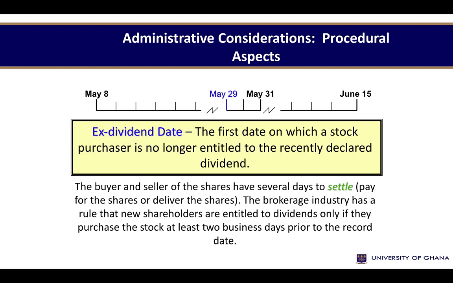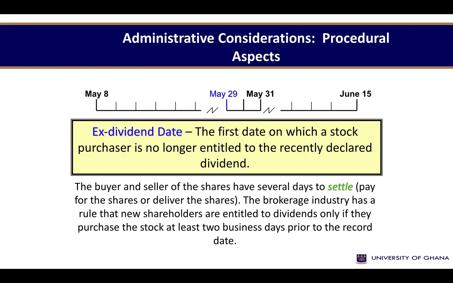Now we have the ex-dividend date. That's the first date on which a stock purchaser is no longer entitled to the recently declared dividend. The buyer and seller usually have several days to settle after a transaction.